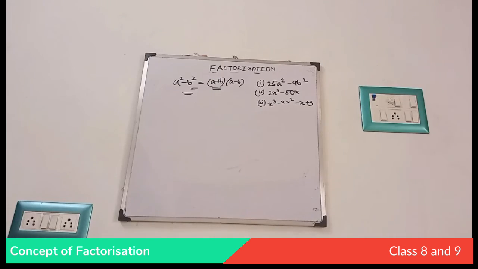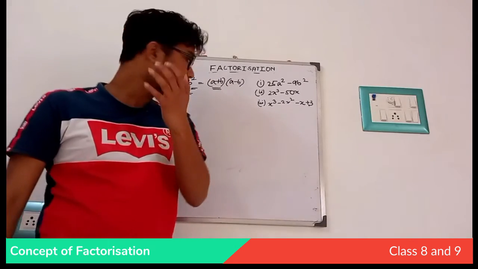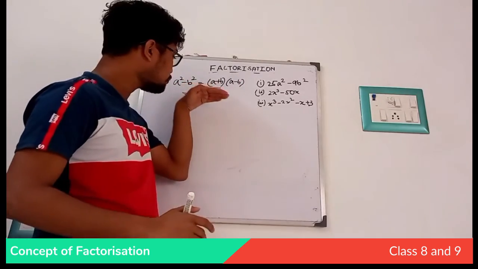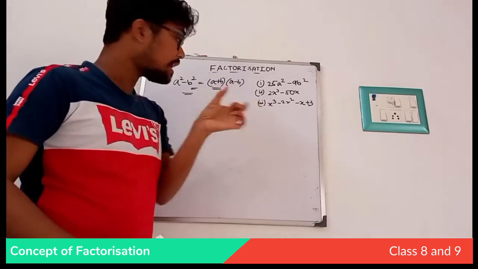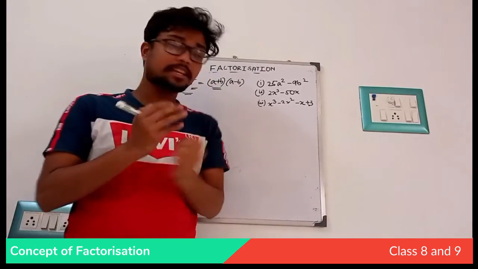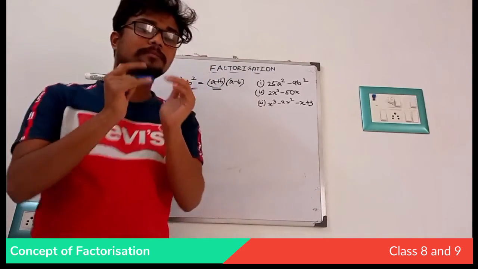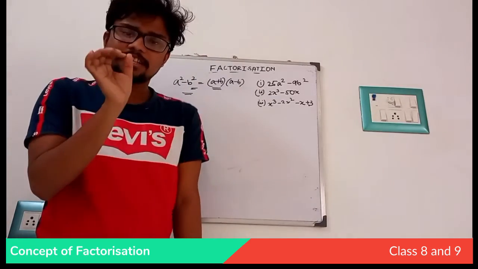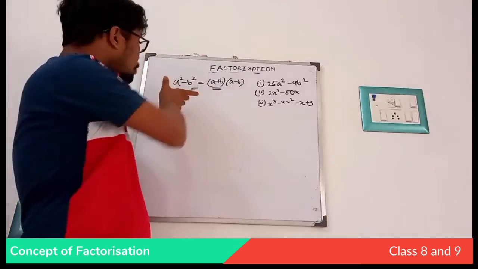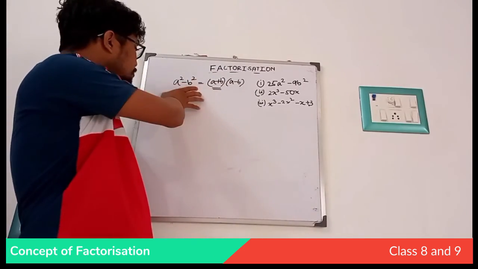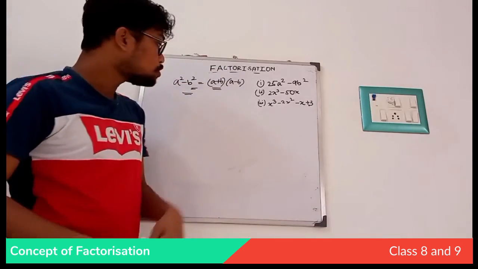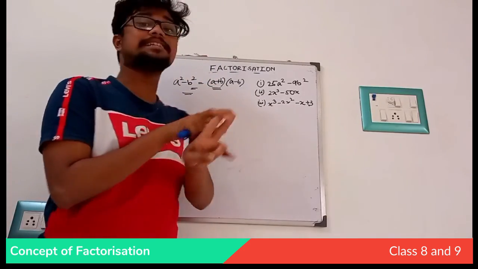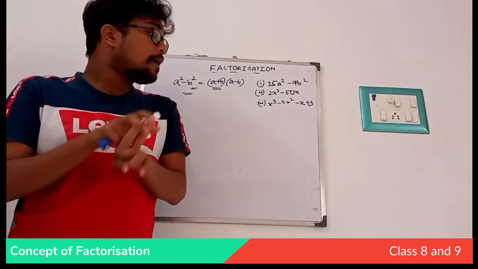In the next class we will discuss factorization based on this formula, and another concept will come in, the middle term factor. If some expression is given, you have to fit the middle term in such a way that we can develop a form where a square minus b square is produced. So in the next class we will discuss two important topics based on factorization: one is a square minus b square and another is middle term factor.